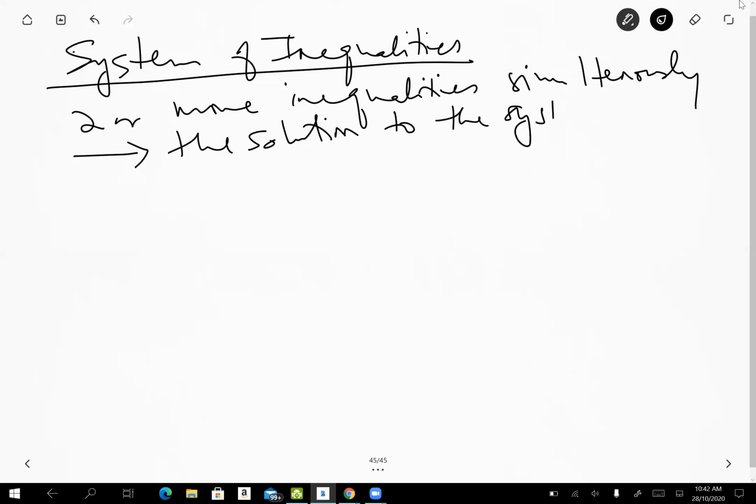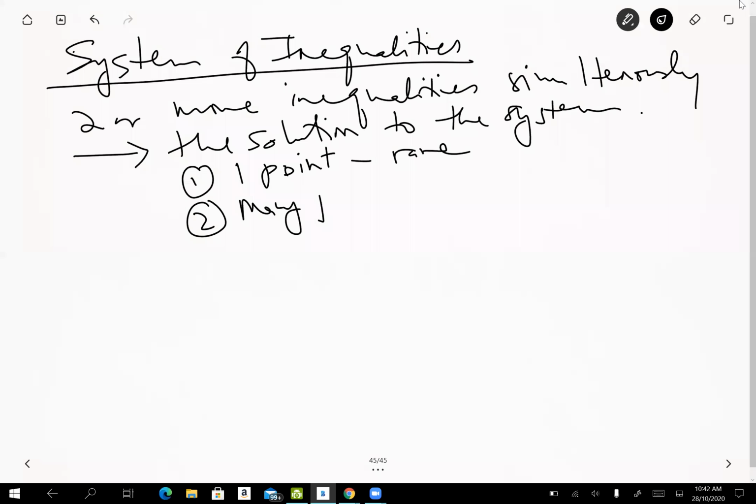The solution to the system can be, number one, a point. This is very, very rare. Number two, it can be many points, and we can identify it as an area.